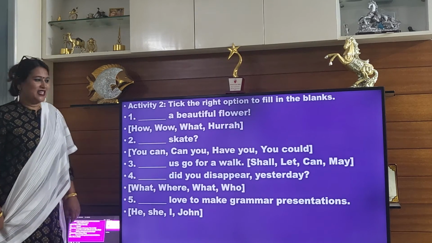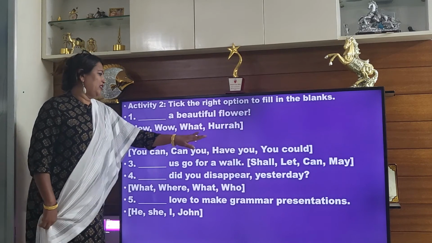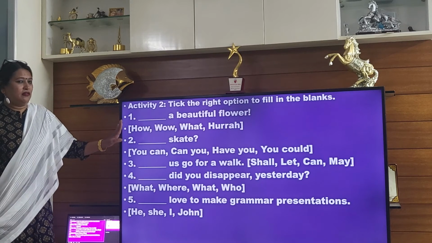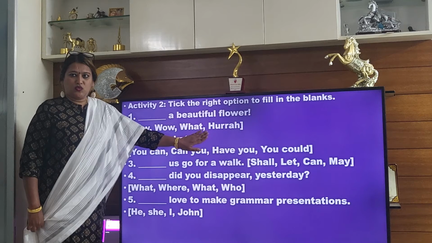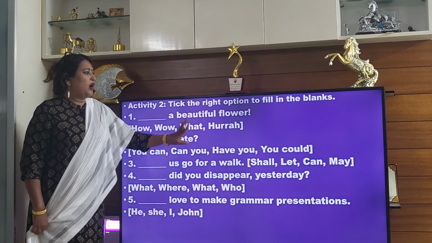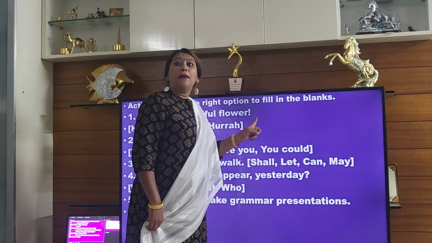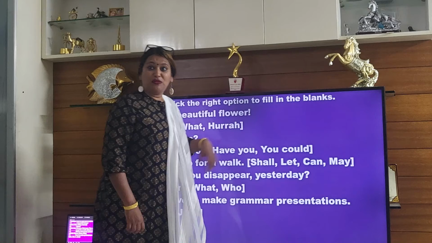Now, these are the few activities that I have given. Dash a beautiful flower. And then you are supposed to use one among these. But, note a point. Before you go ahead and choose any one of them, you have to check the punctuation marks. Here, what is it? Exclamation mark.